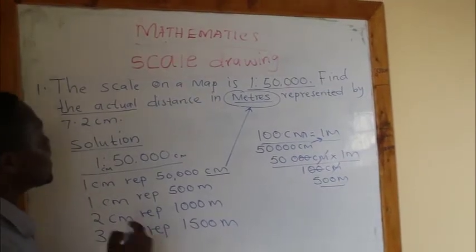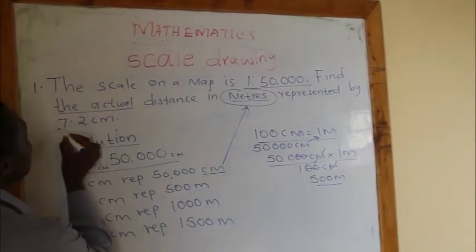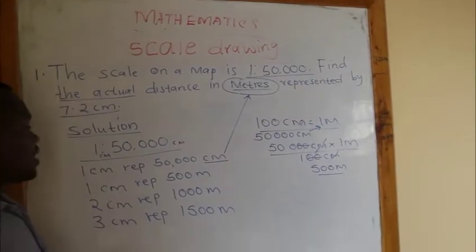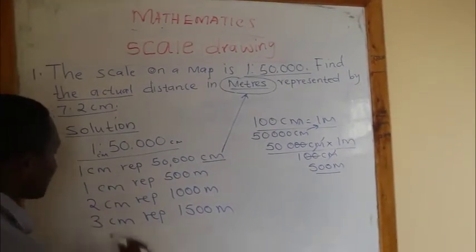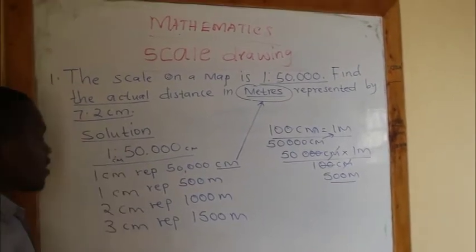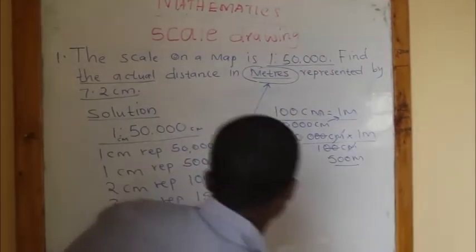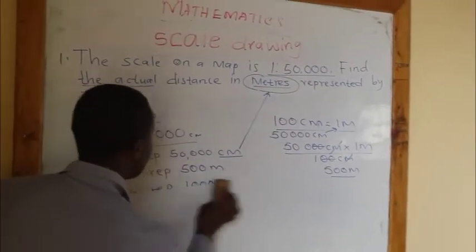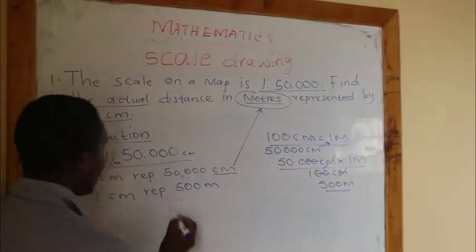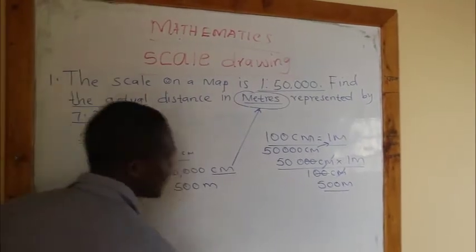So the question is, what about if I draw 7.2 centimeters on a piece of paper? I can keep on redoing this time and again till I reach 7.2, but what I want you to write is this. Just go back to our first statement and write: if I draw 1 centimeter, it represents 500 meters.